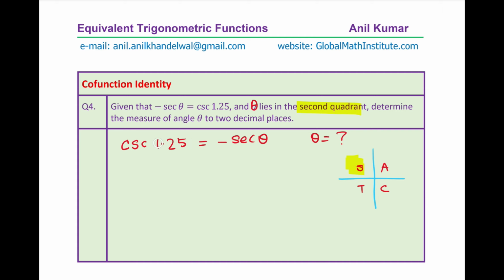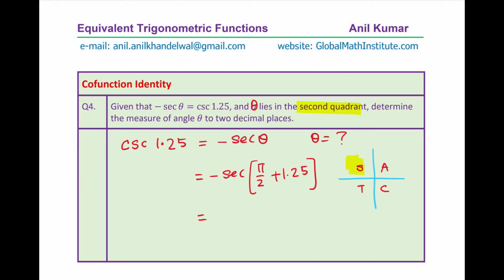So we are looking at 1.25 and we are saying what is this equivalent to in secant terms? Well, clearly using the cofunction identity, we can write this as equivalent to minus of secant of pi by 2 plus 1.25. That is what it has to be, right? And we can now calculate this angle.